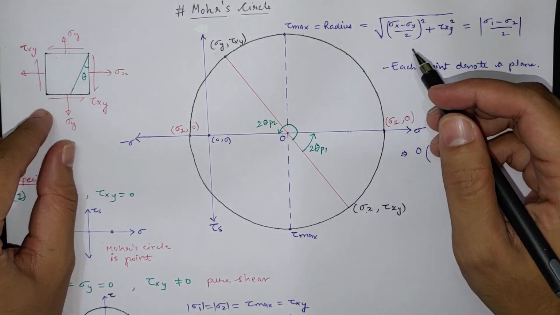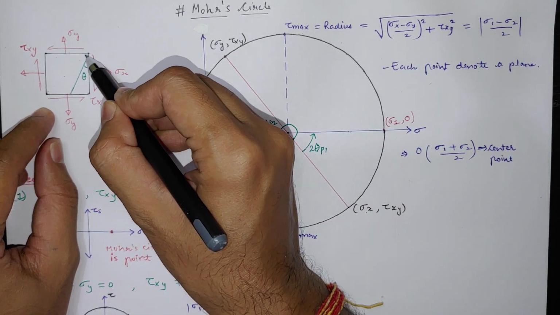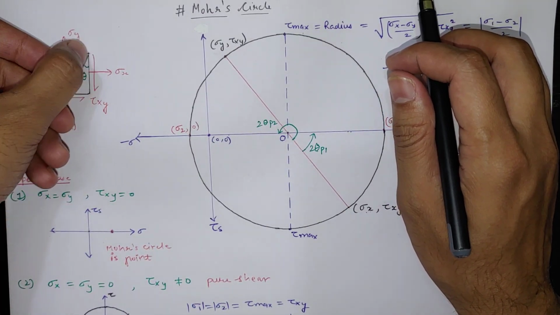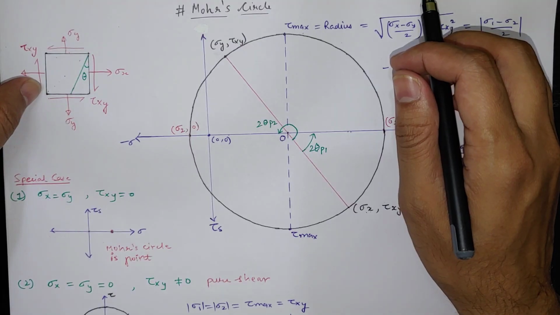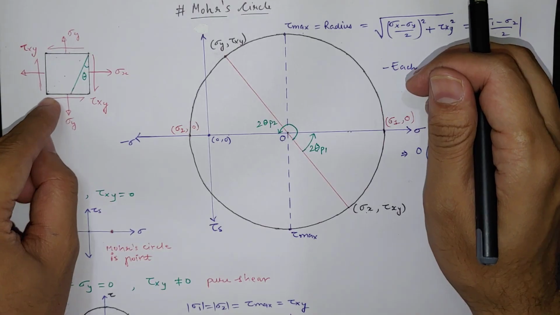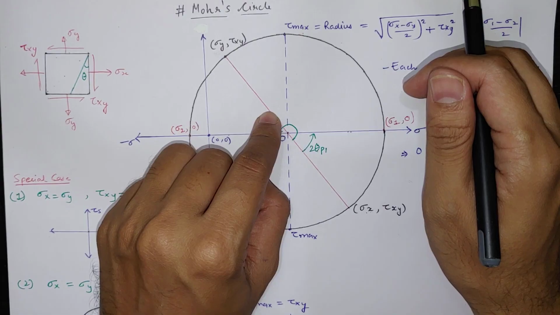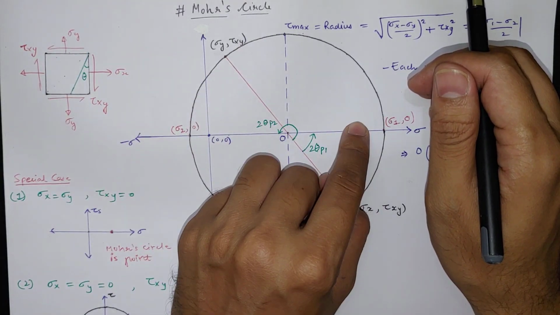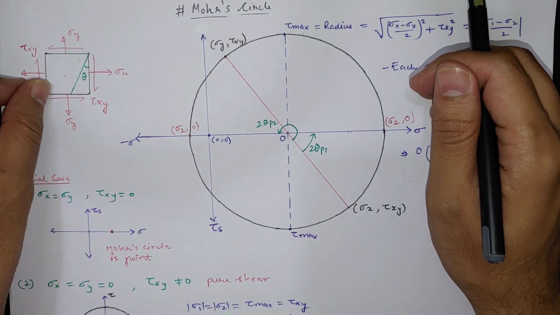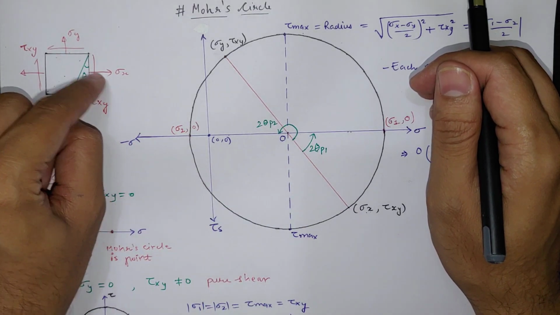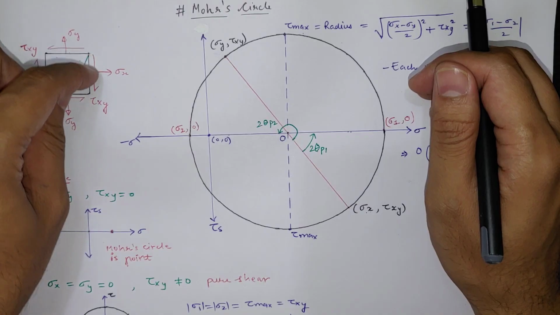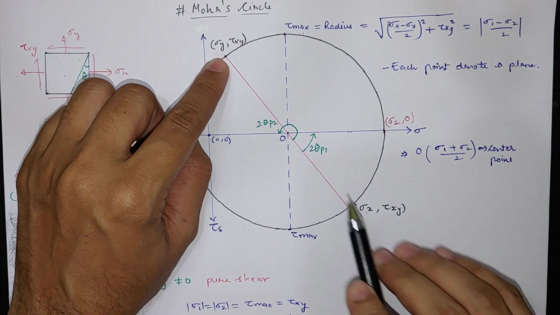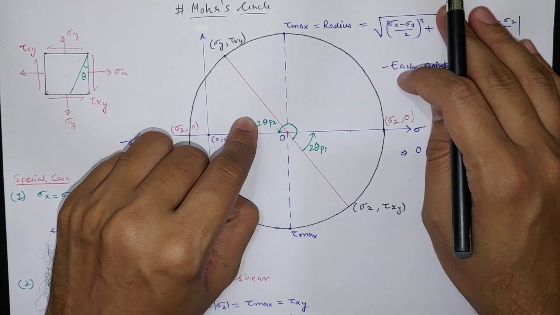If we draw a 45-degree line from our reference plane, then this sigma x plane and this 45-degree line plane will be at 90 degrees on the Mohr circle, because 45 degrees in the stress element is 90 degrees in the Mohr circle. We see sigma x and sigma y oriented at 180 degrees from each other on the Mohr circle, but on the stress element they are at 90 degrees.